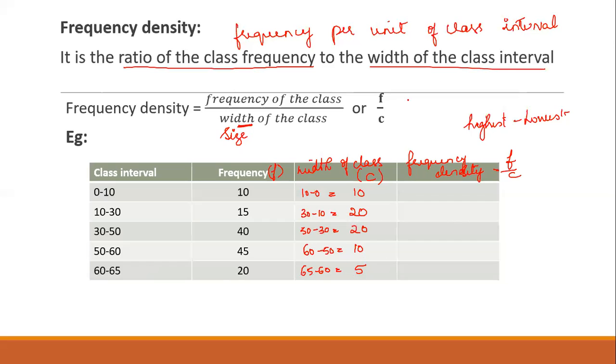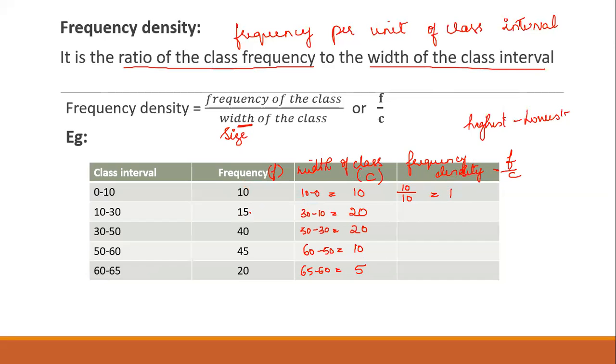Now we will find the frequency density. What is the formula? That is frequency divided by the width of the class. So what is F? That is 10 divided by the class width, that is 10, which is equal to 1. So this is the frequency per unit of the class interval.